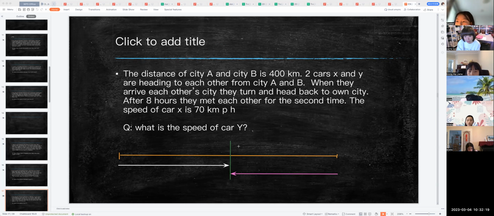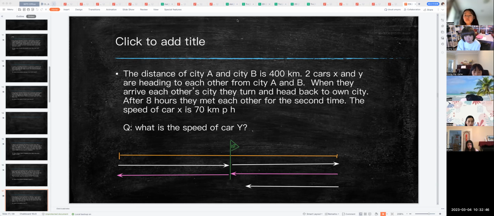Okay, so let's take a look at this one. Okay, so this is the first time. So I'm going to put a little first here. Okay, so moving forward. Right, and this one coming back and just put it here like that.